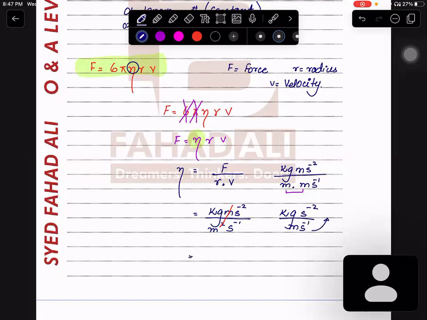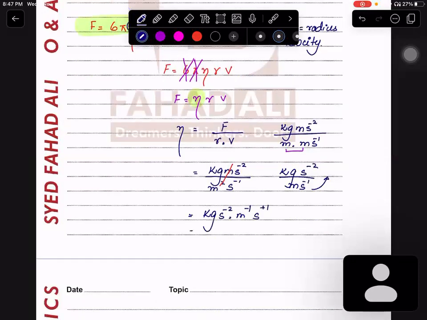Taking it up, this will become kg s minus 2 m minus 1 s plus 1. Now simplifying will give me kg m minus 1 s minus 1. Minus 2 plus 1 is minus 1. Aiza, did you understand this, beta? Yes, got it. Musaf? Yes sir, clear.